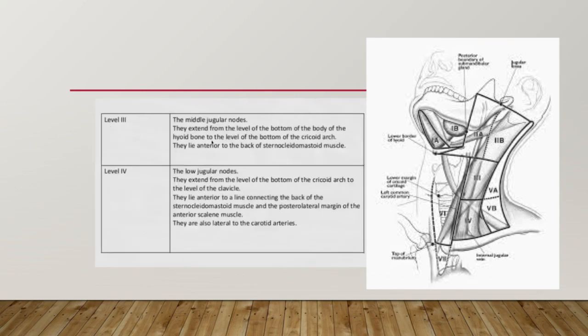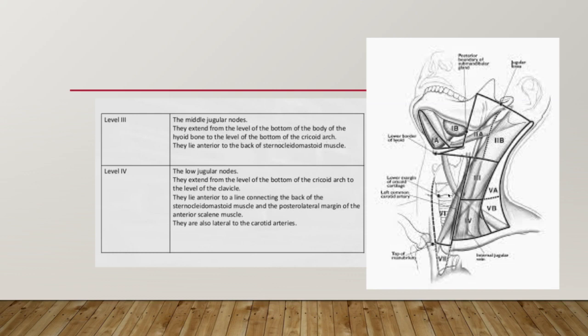Level 3 is otherwise called the middle jugular nodes. So, level 2 is called the upper jugular, this is the middle jugular, and this is the lower jugular. The middle jugular group of lymph nodes extends from the bottom of the body of the hyoid bone to the level of the bottom of the cricoid arch.